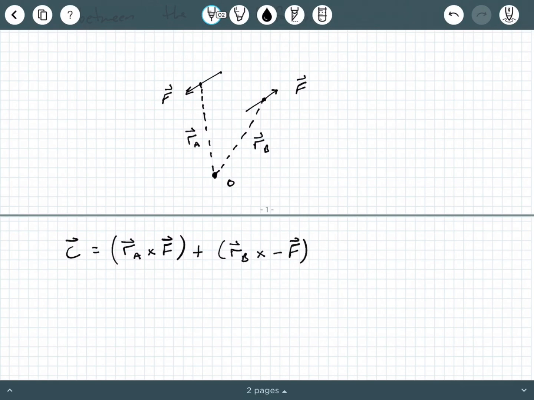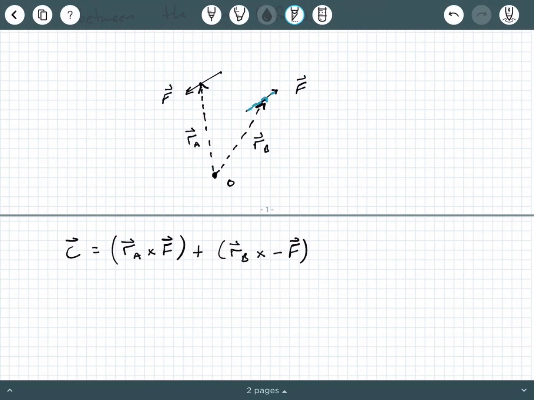Well, to kind of illustrate how this works, RA cross F is going to give me the moment about point O due to F acting through RA. And then I'm going to say plus RB cross negative F. The negative indicates that this vector F is pointing in the opposite direction of the other one.